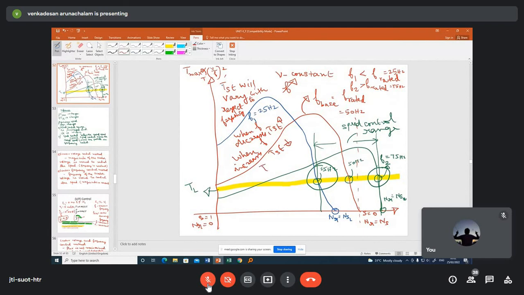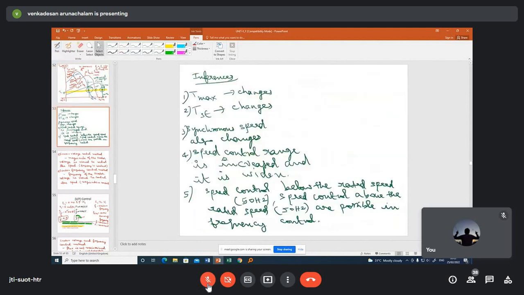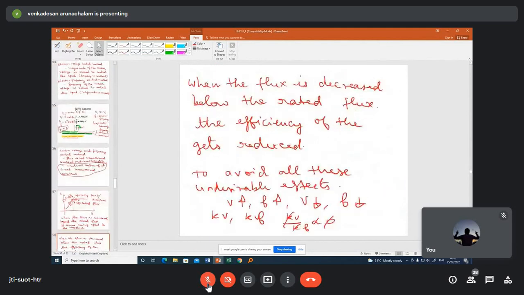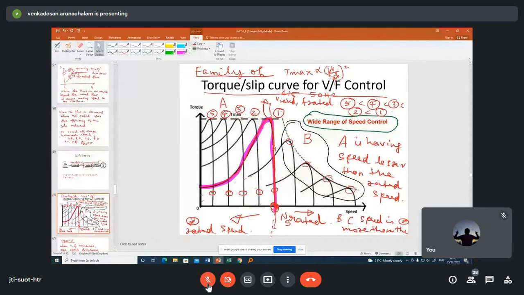So I can write that your starting torque is inversely proportional to F. We'll see whether that is coming through here also.